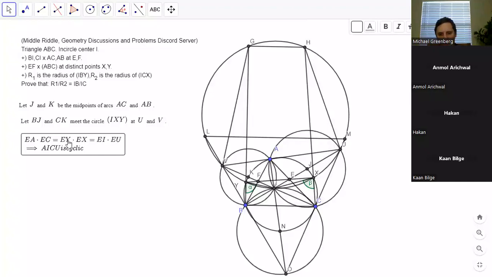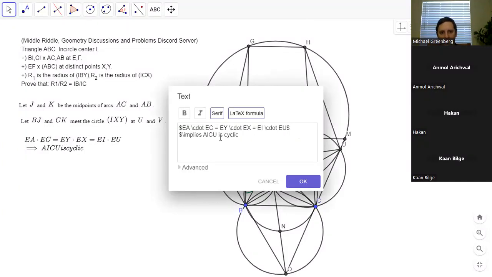And that implies that U is the B-excenter, by the incenter-excenter lemma. And similarly, V is the C-excenter.